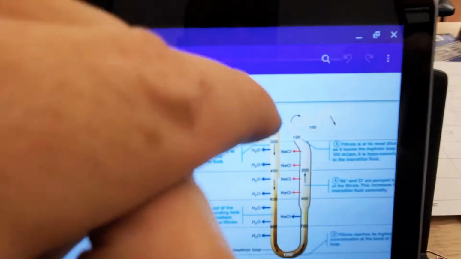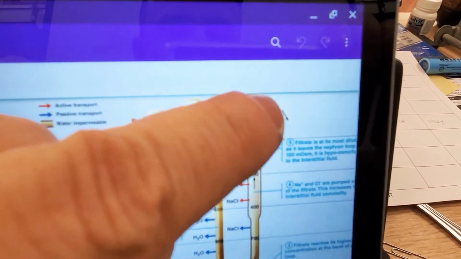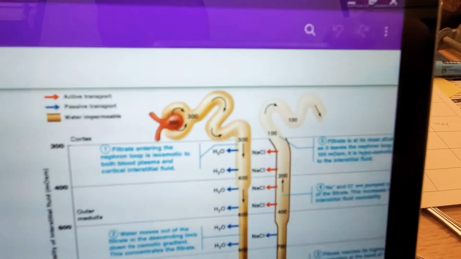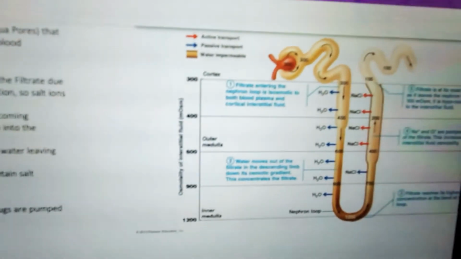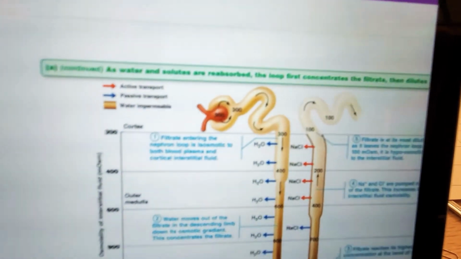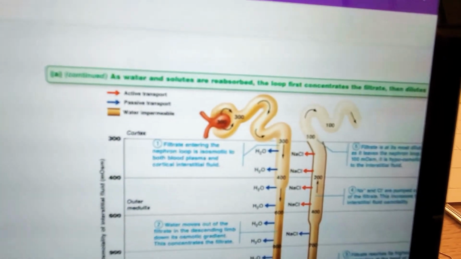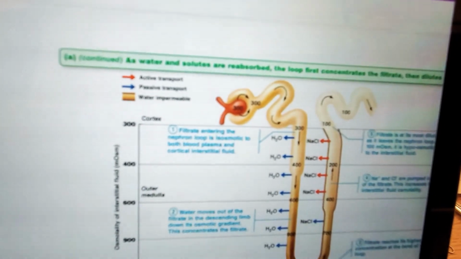Well, your body's not going to use all that stuff. What it's going to do is put it into your pee here. So there are protein channels and active proteins on the outside there, and they will pump, they will excrete or secrete, sorry, these substances out into the filtrate to go out in your pee.